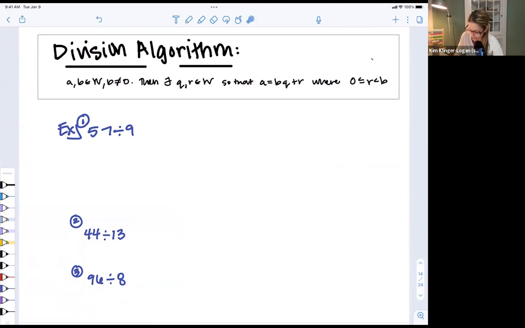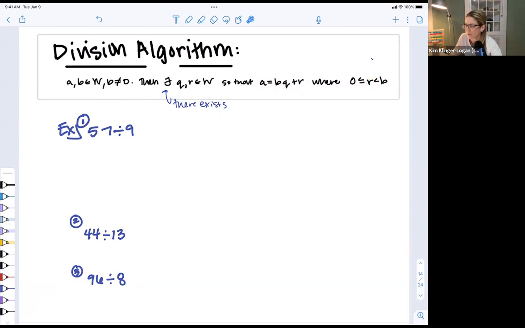So the division algorithm works like this: if we take any 2 whole numbers, as long as we assume one of them is not 0, then there exist 2 other whole numbers so that we can write A is equal to B times Q plus R, and this R number is between 0 and B.